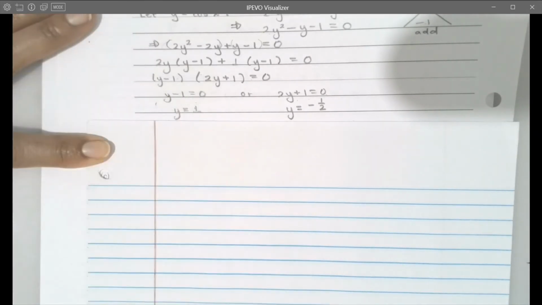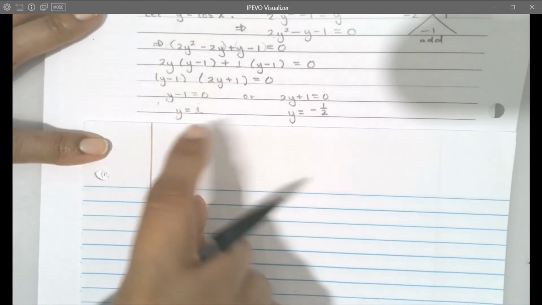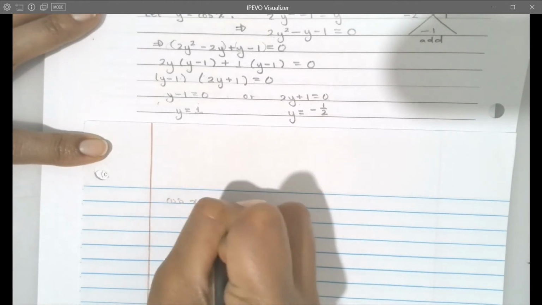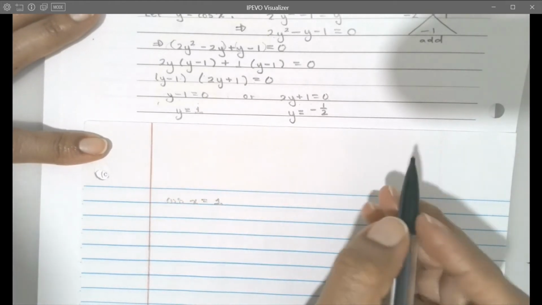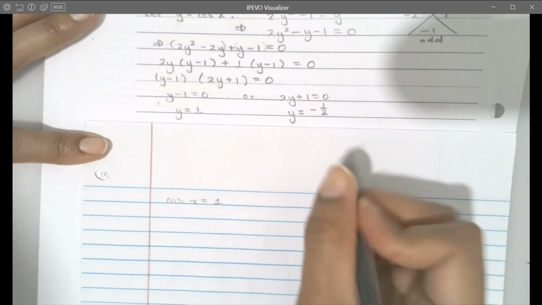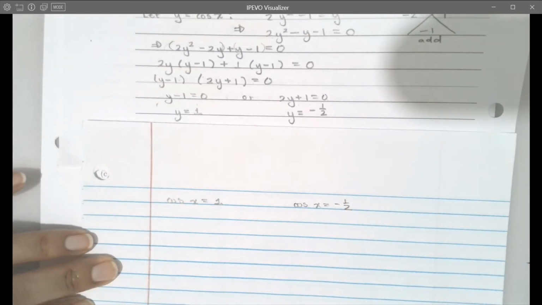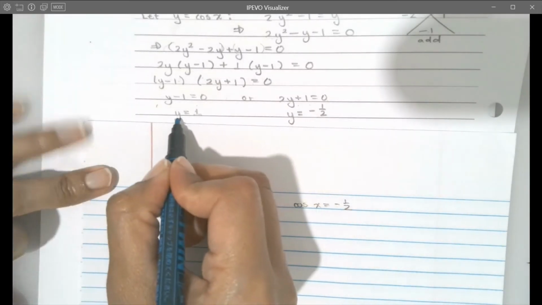Okay, so y was representing cosine of x. So that means that one equation is cosine of x is equal to 1. The other equation is cosine of x equals negative 1/2. Okay, and again, I'm going to color code this so we know what came from what.